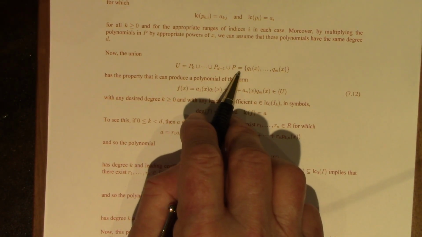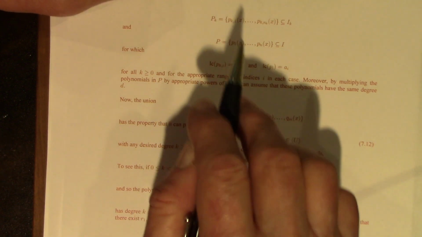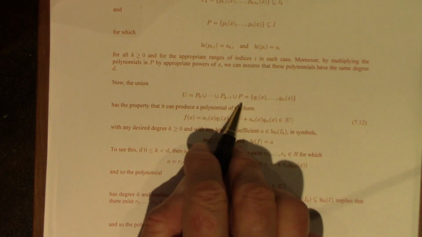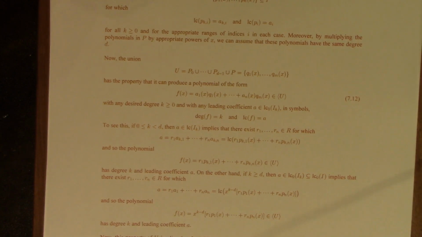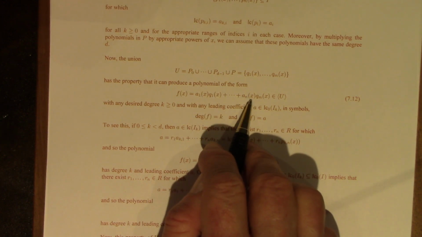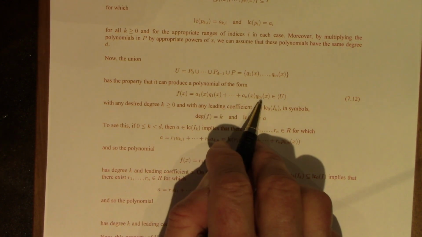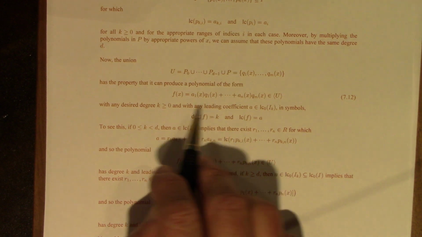Consider this union. We take all of these for index k less than d, and then take this one, and I'll call those polynomials q1 through qm. It's a finite set. This set has a special property. It can produce a polynomial of this form, a polynomial combination of q1 through qm. Therefore, it belongs to the ideal generated by this union.